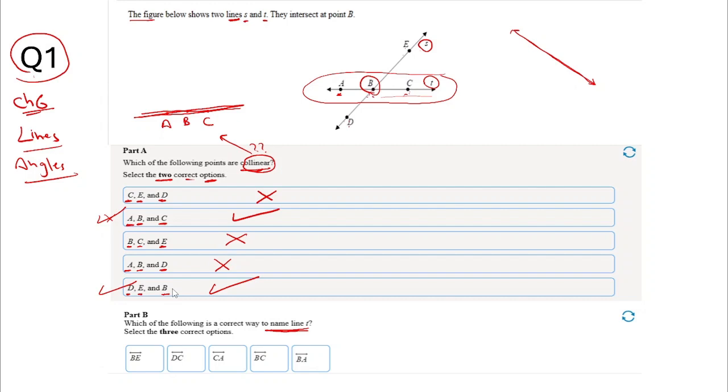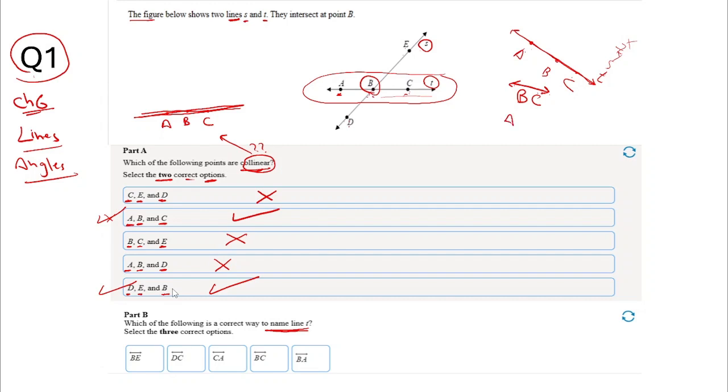I can name this line with any letter, like T, S, Y, Z, X, or if I have points, I can name it also with points. Like in this example, I have A, B, C. So I can name it with B, C, and I put a line like this above the letters and have arrowheads on both sides.